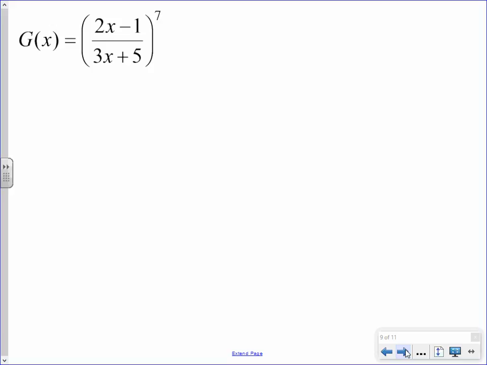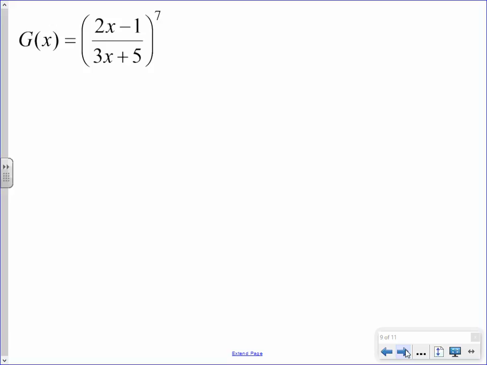Let's do this. Okay. What is our inside function? Oh, that quotient right there. That quotient is our inside.